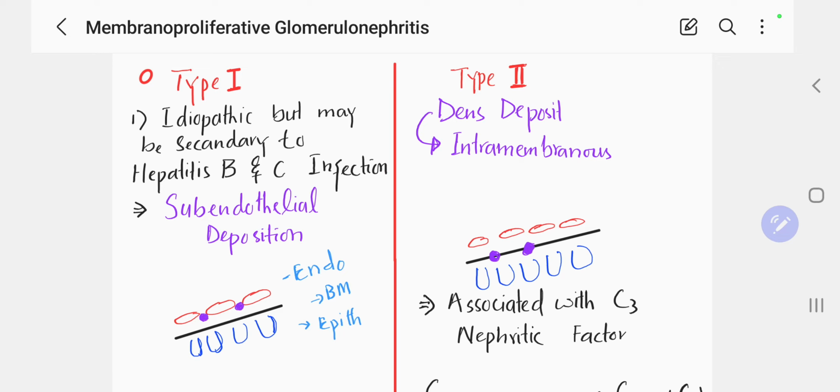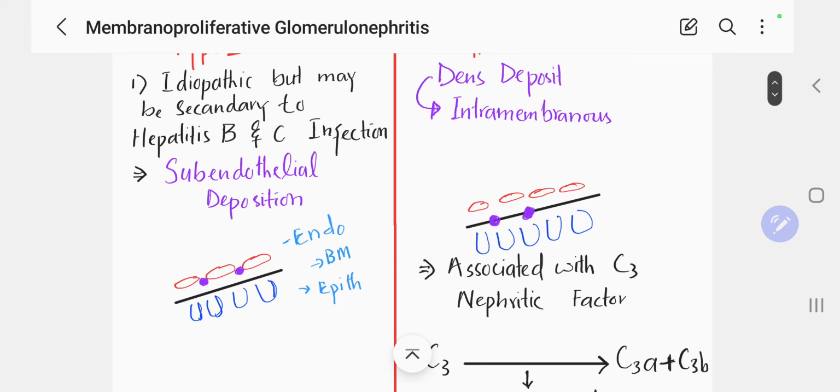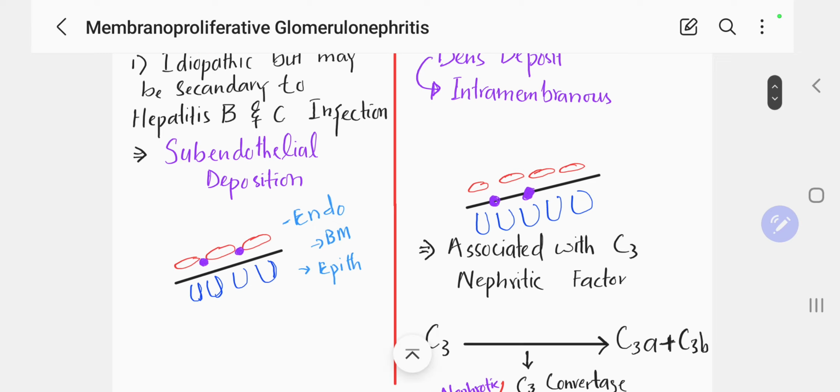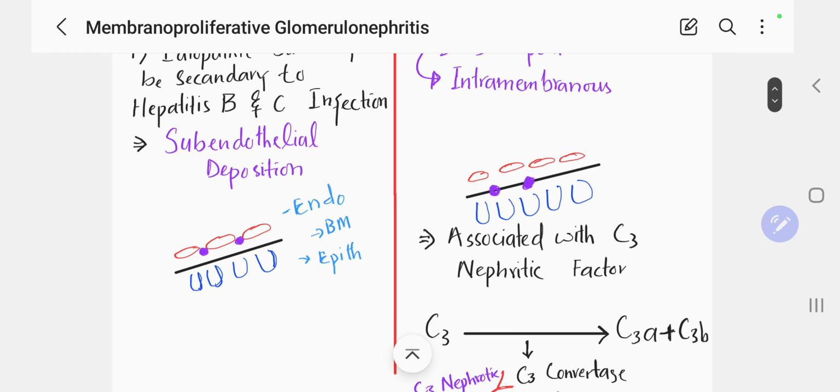And type 2 is due to the dense deposition, which is also called the intramembranous deposition. We'll talk about this in detail. The main difference between them is the subendothelial deposition.